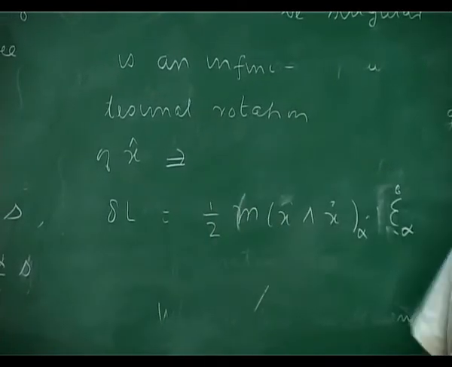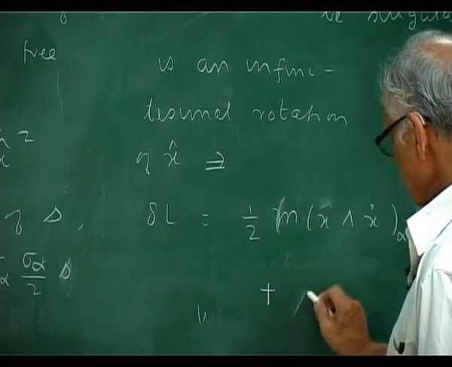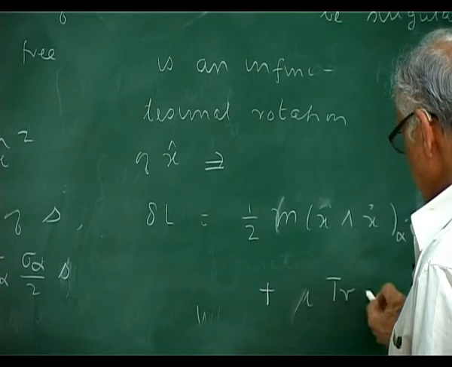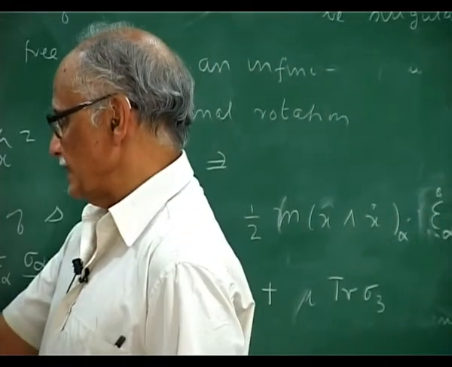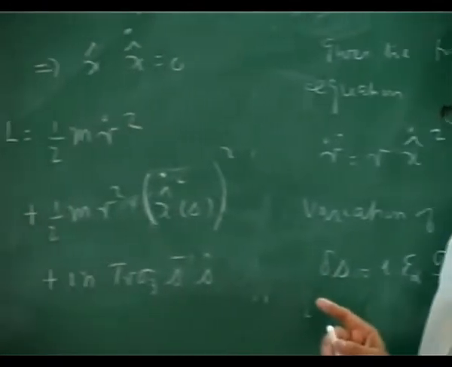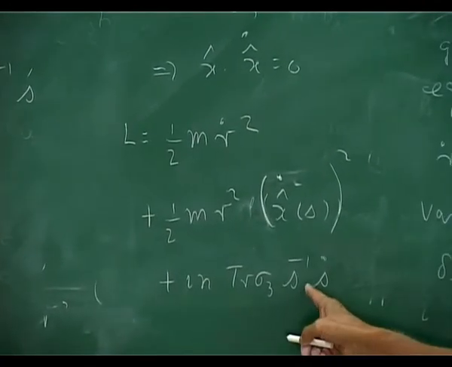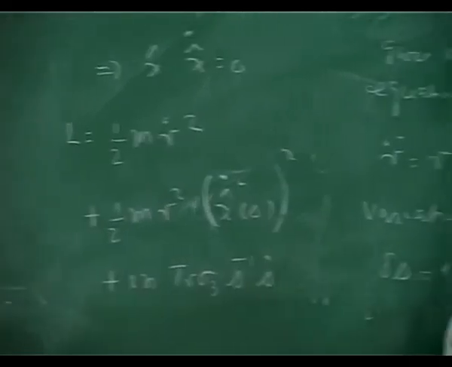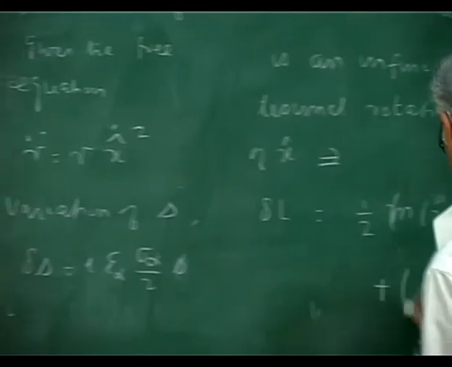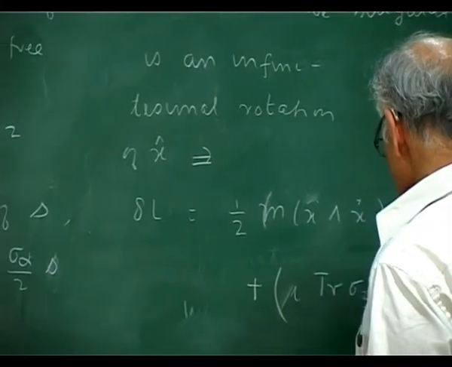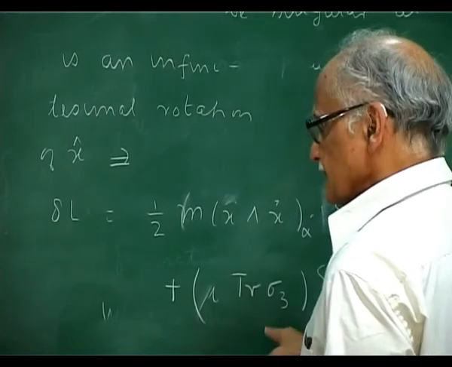But there will be an additional term, plus i trace sigma 3. Notice that if epsilon alpha were time independent, they would cancel in the middle. So I need only worry about the epsilon alpha dot term, times trace sigma 3.